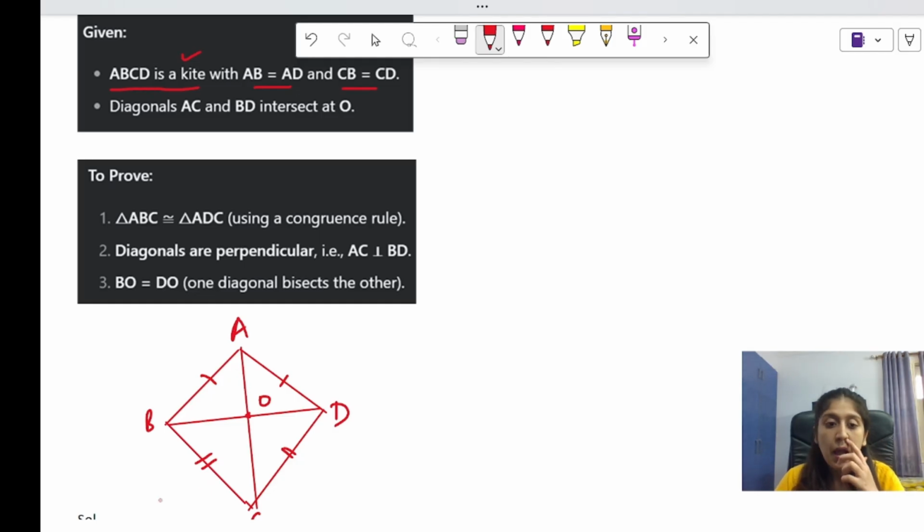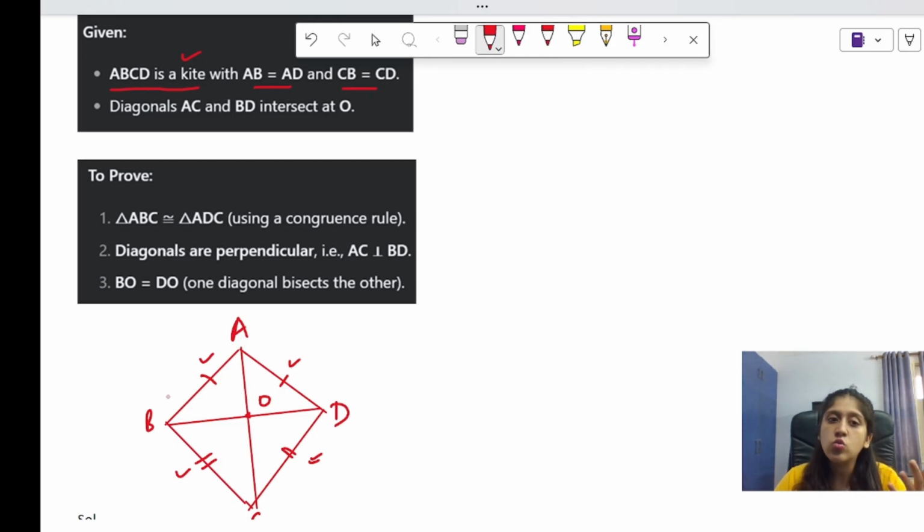you need to know that AB is equal to AD, and BC is equal to CD. This is already a property of a kite.